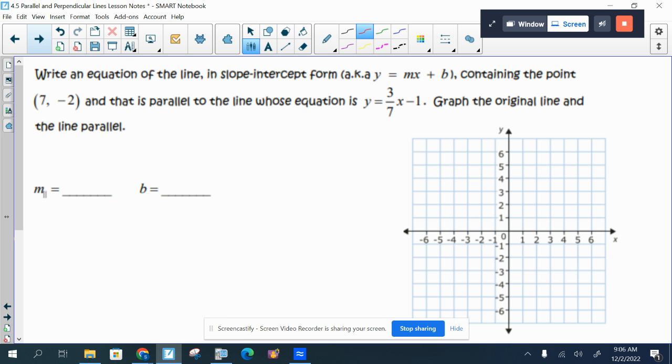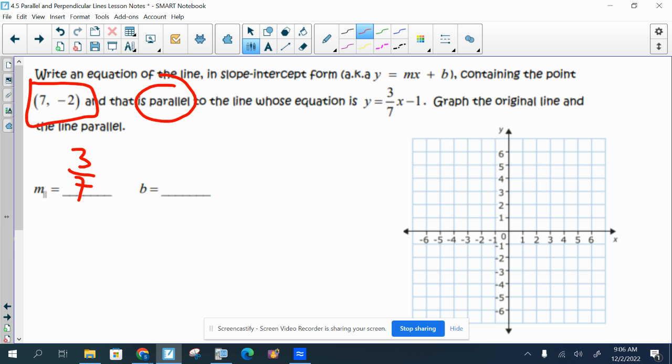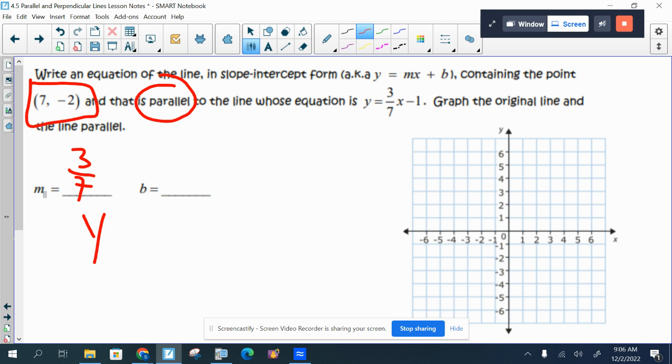The next one is the same thing. So it says parallel. That means the slope will be the same as this line, 3/7. And they're giving us the point (7, -2). So the 7 is nice because I know it's going to cancel with the 7 in the slope. Let's set up point slope form. So y plus 2 equals 3/7 times x minus 7.